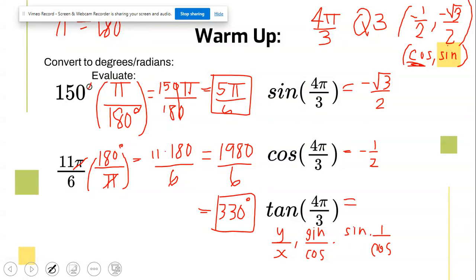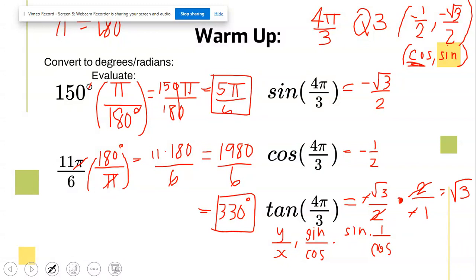So we're going to multiply sine, which again was negative root 3 over 2, by the reciprocal of cosine. So we're going to take not negative 1/2, but flip it: 2 over negative 1. The negatives cancel, the 2s cancel, and you're left with the square root of 3.